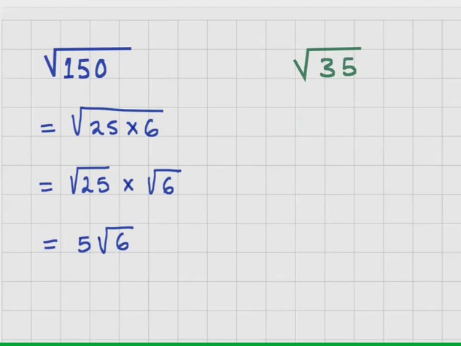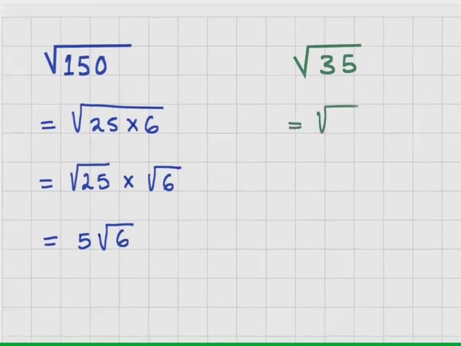All right, so if I rewrite my 35 as 7 times 5 and separate this into a root 7 multiplied by a root 5, none of these are going to simplify further to give us an integer value.